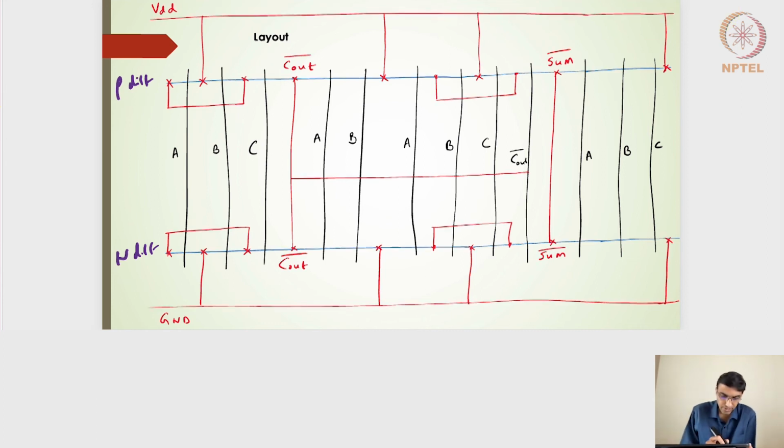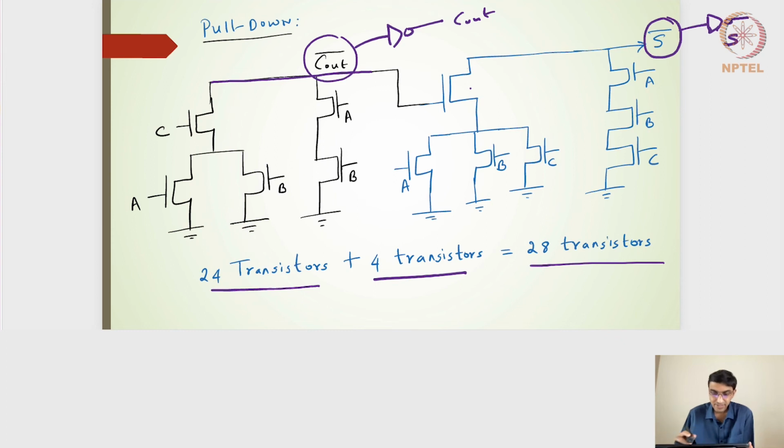So just to get back to the transistor level diagram, first we will be generating the C out bar, and then going ahead and generating the sum expression. So similarly in the layout also, we will start from the left side here and then go to the right side of the transistor design. Looking at the left side, this will be nothing but the C transistor.